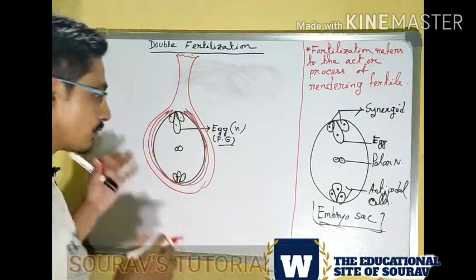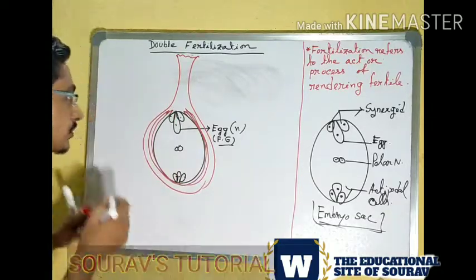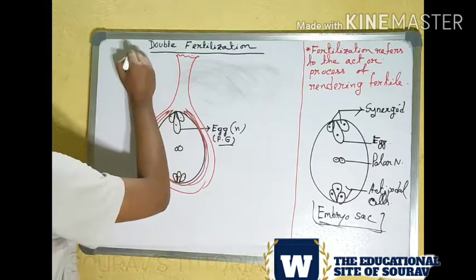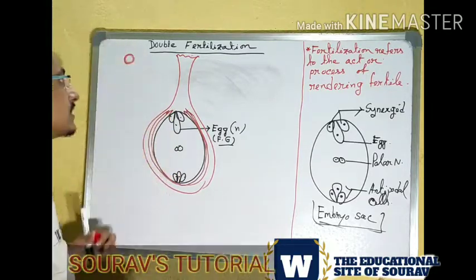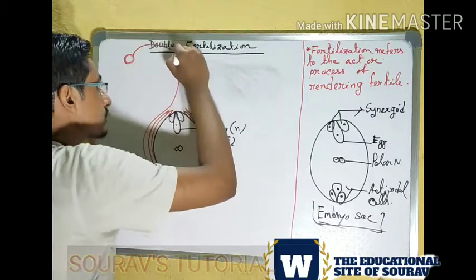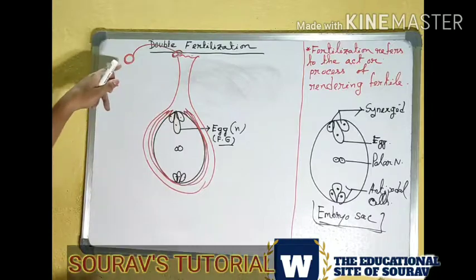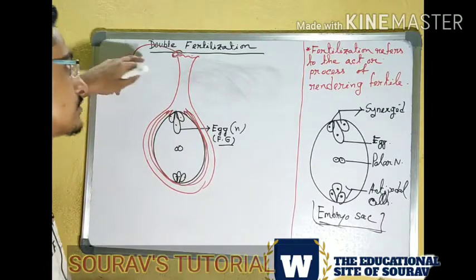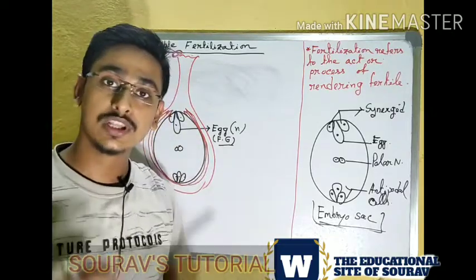So now what is happening during fertilization? Suppose one pollen drops onto the stigma portion by the process of pollination.